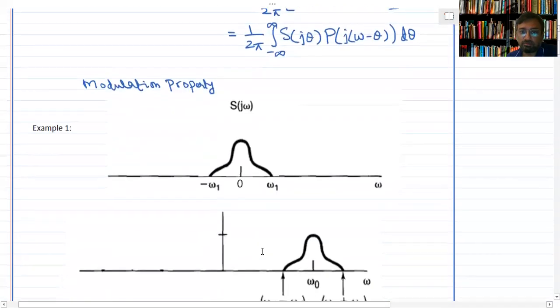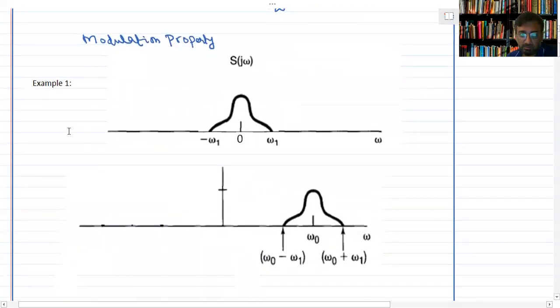Okay. So in this example, our objective is to translate the spectrum of S(jω) to another frequency ω0. And ω0 is greater than ω1 so that there is no overlap. The shapes of the given signal and the translated spectrum are the same.